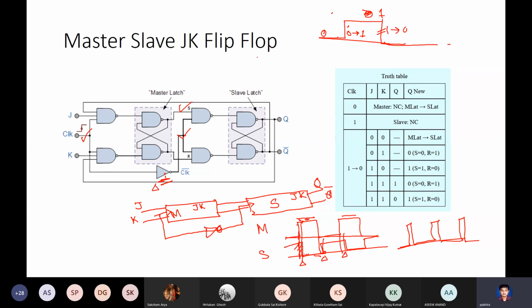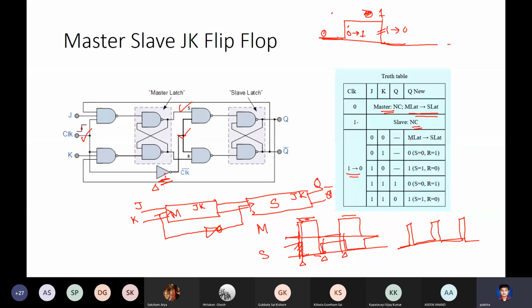So let's see what happens. When the clock is 0, the master is held, and the master's output is transferred to the slave's input. When the clock is 1, the slave's output does not change. The slave's output only changes when the clock goes from 1 to 0, a trailing edge, then these inputs are enabled.